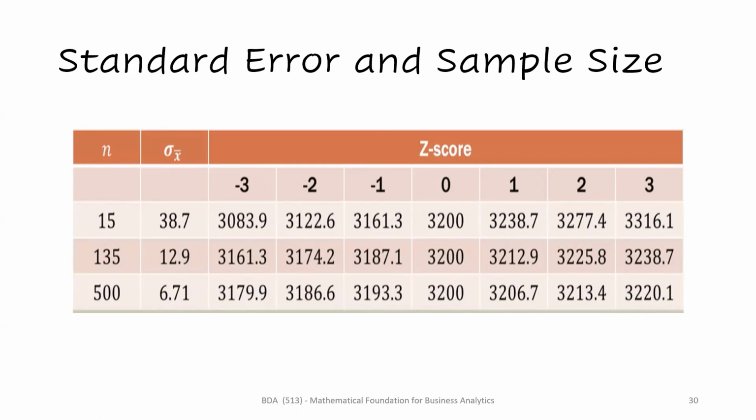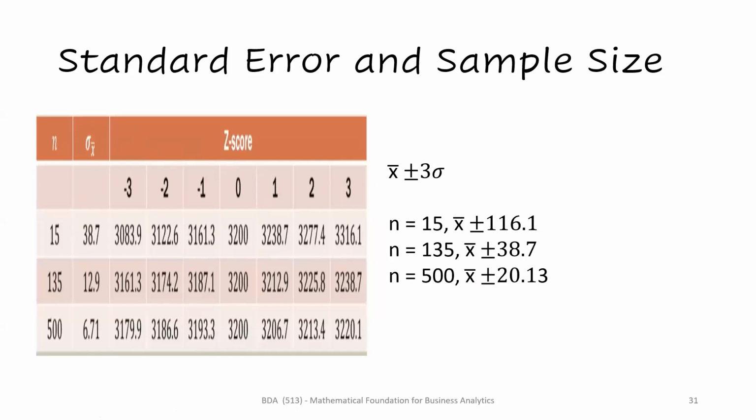So let's see how close this will be to our population mean. For the sample mean x bar, up to 3 standard deviations to the left or to the right, is what we have here.